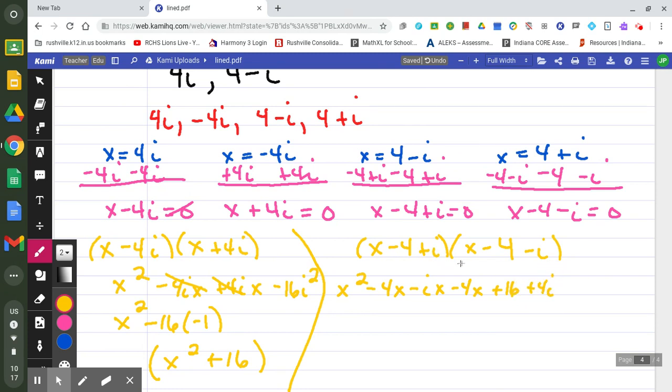Then i times x, i times -4, and then i times -i.